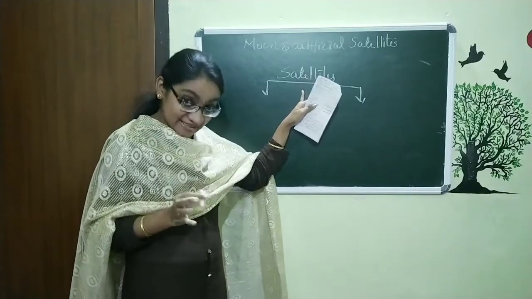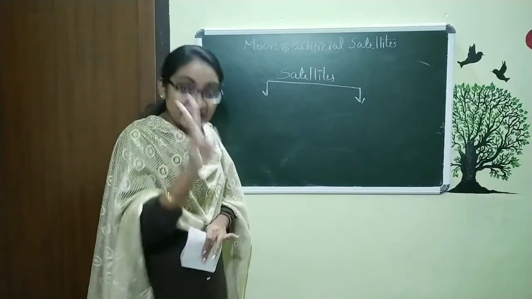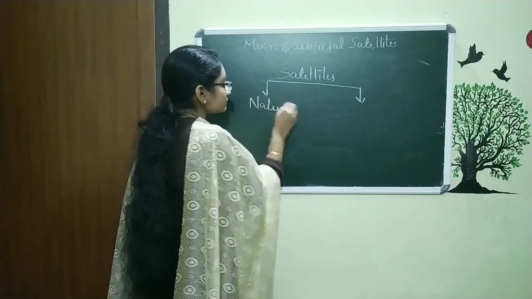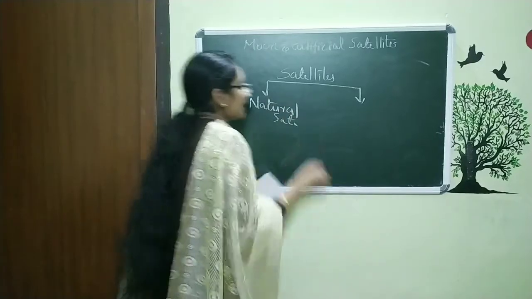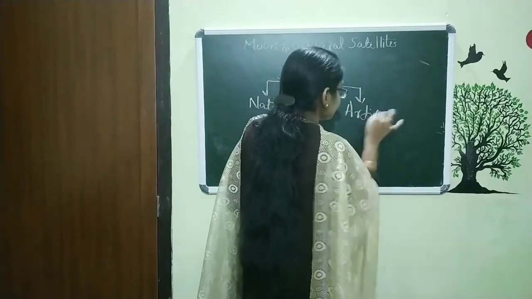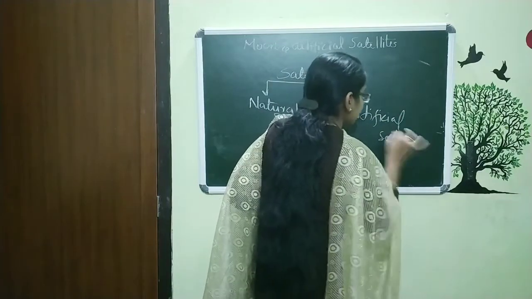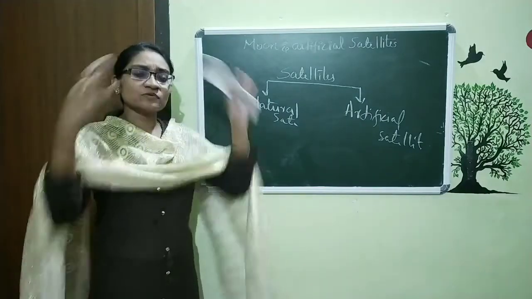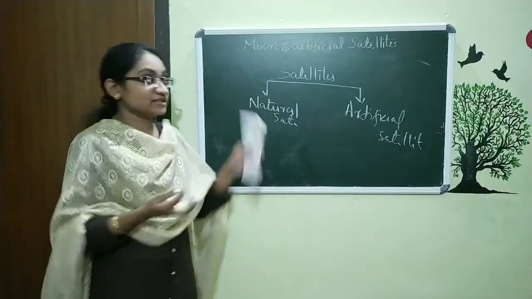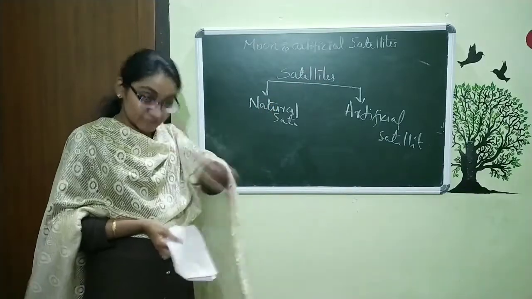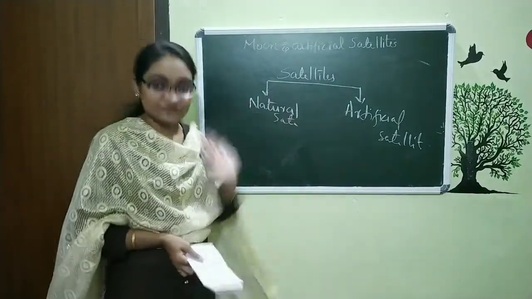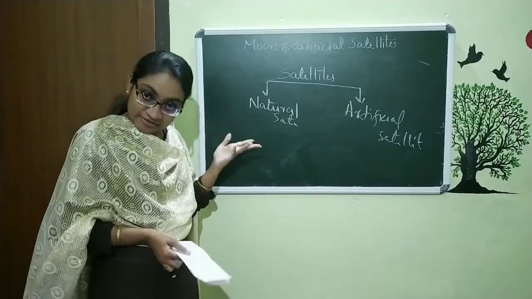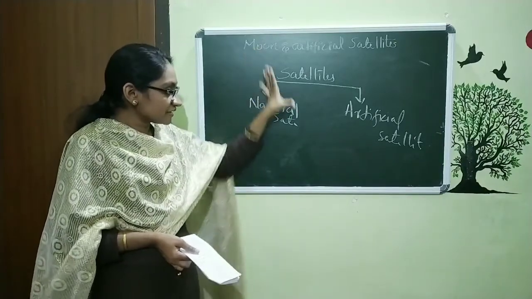There are two types of satellites: natural satellites and artificial satellites. One is a natural satellite and one is an artificial satellite. What is the example of a natural satellite for Earth? We know it's the moon.